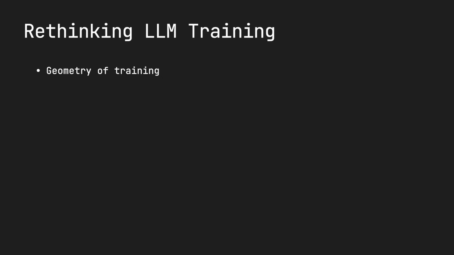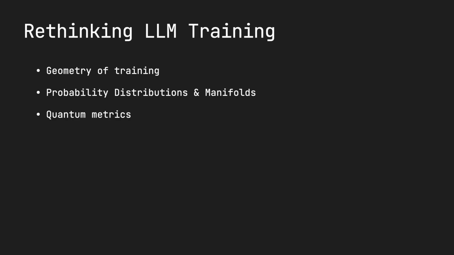What's great about this paper is that it uses the language of tensors and curved surfaces and manifolds, things you would find in general relativity, to look at what's happening during the training phase of an LLM. We're going to look at what probability distributions and manifolds are, so I'll build on the topics from the ground up.